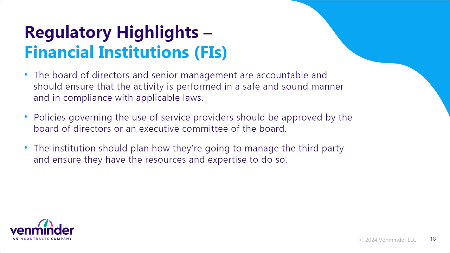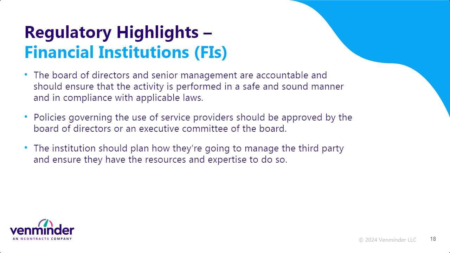company. Now, this is to really make sure that third-party risk management is recognized as a risk for the company and that the protocols and practices that go into addressing that risk are recognized and approved by the highest levels of the company. That's why policies for third-party risk management should be approved by the board of directors or an executive committee of the board.